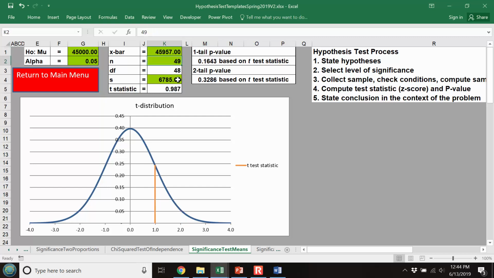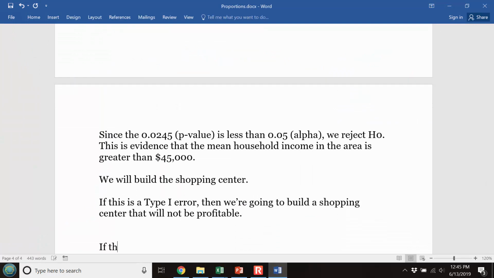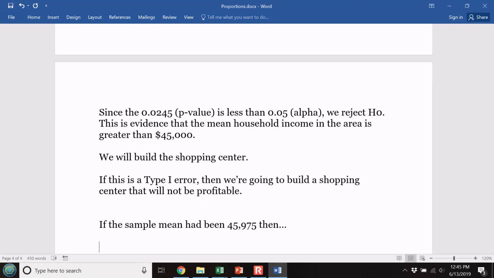$45,957. With the same standard deviation, we'd be sitting here. And we'd say, you know, this really isn't very far out there. This doesn't look extreme. Look, the p-value is 16.43%. We'd have a different conclusion.